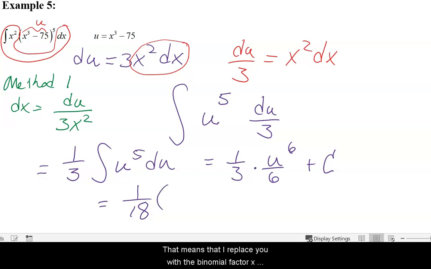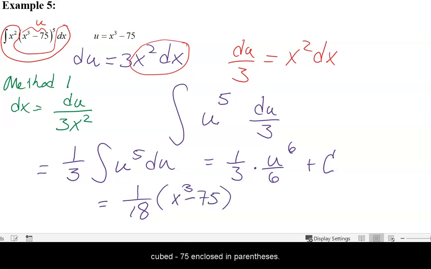That means that I replace u with the binomial factor x cubed minus 75 enclosed in parentheses with the 6th power on it, plus the constant of integration.